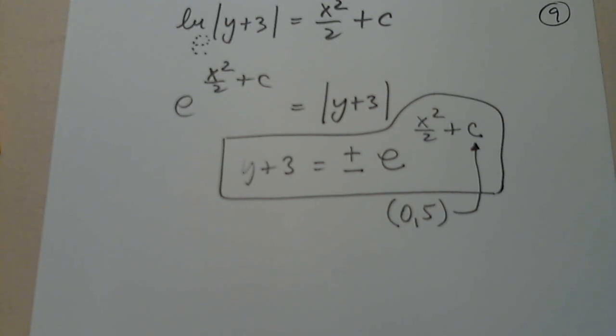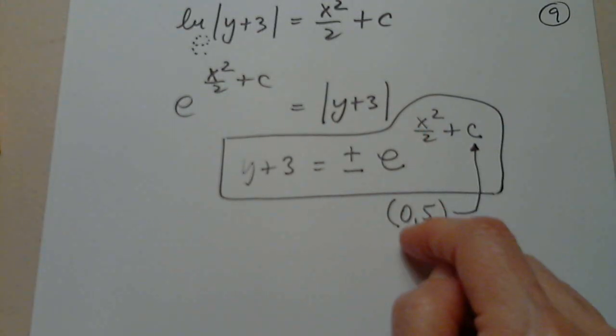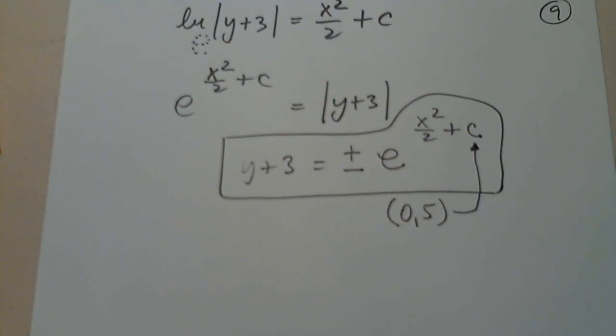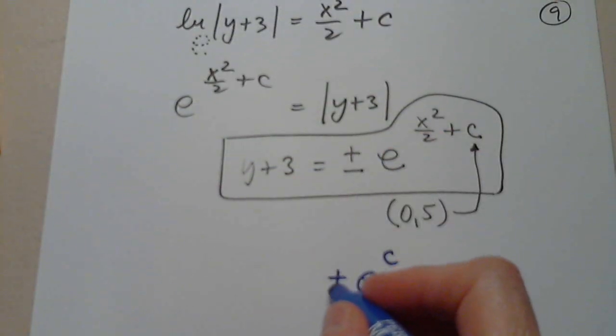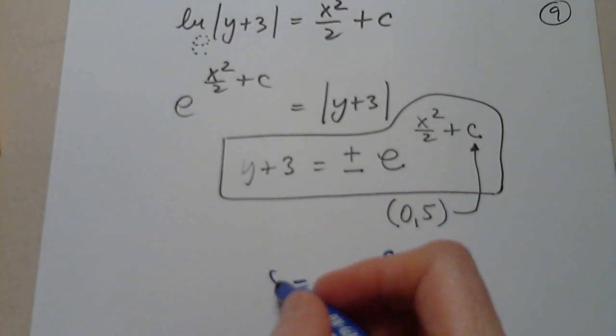Ready? When x is 0, 0 over 2 is 0, e to the c is e to the c. I have plus or minus in front. And y is 5. 5 plus 3 is 8.